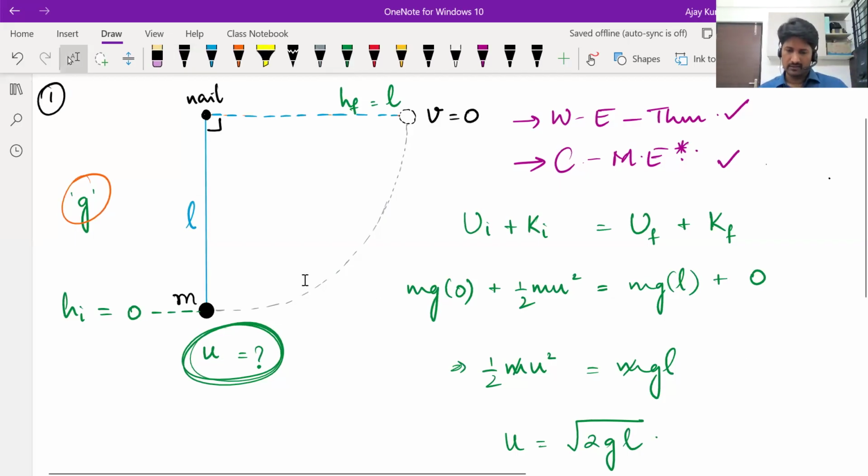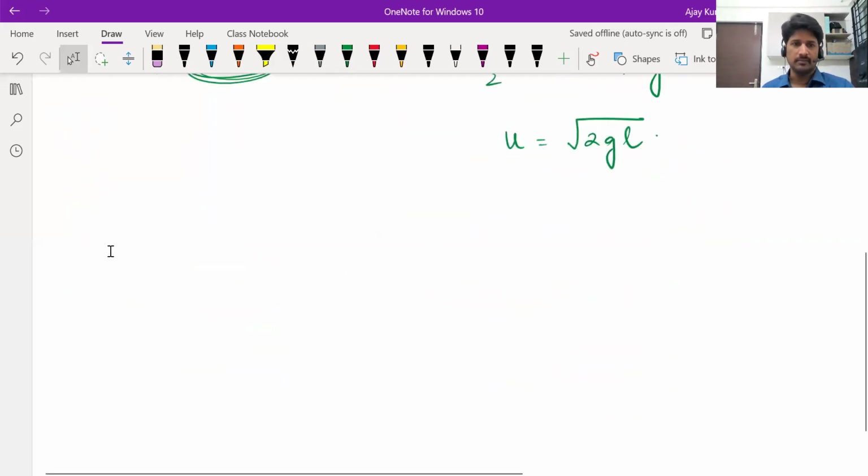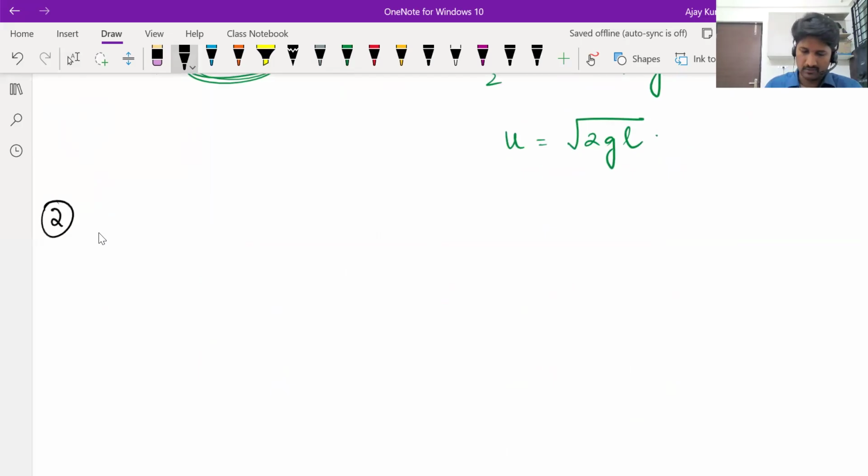Okay. Now try a slightly different question. Situation is same, but where the bob has to go is slightly different.